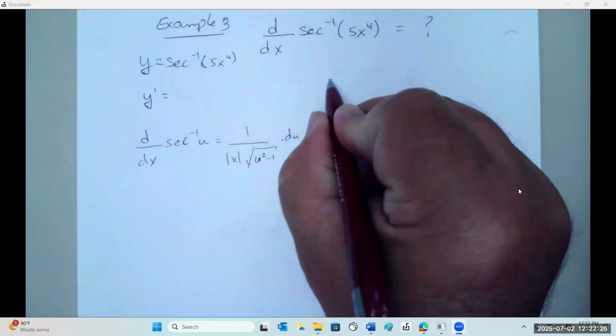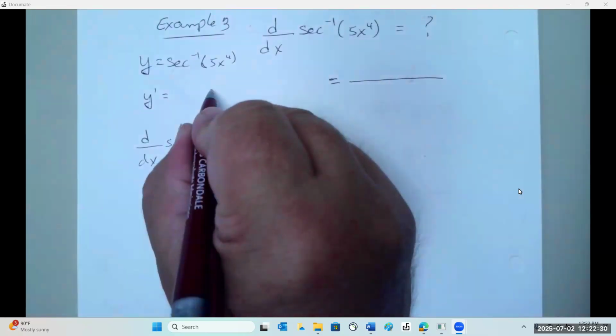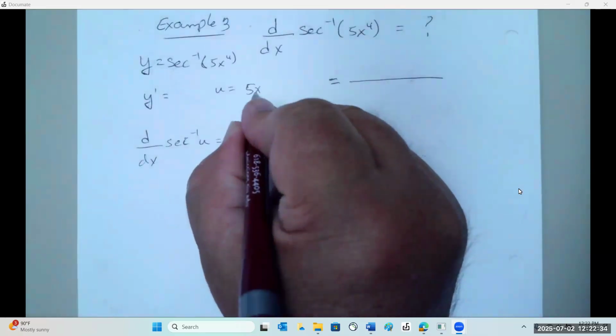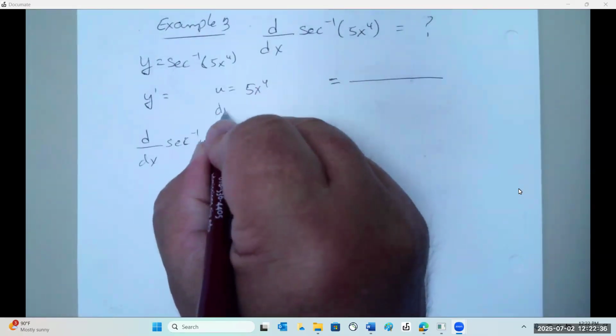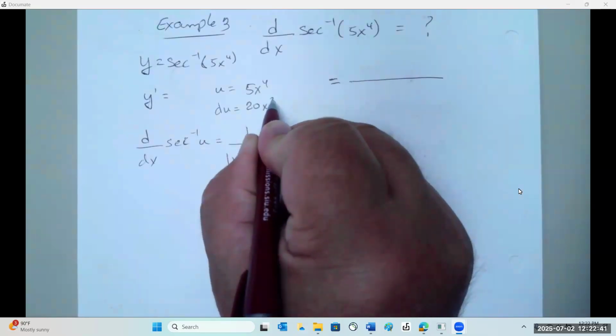So the derivative of this function, what's u? 5x to the 4th. So du would be 20x cubed.